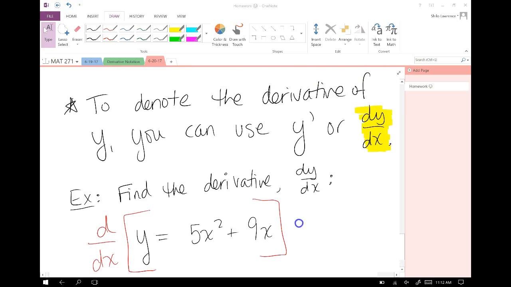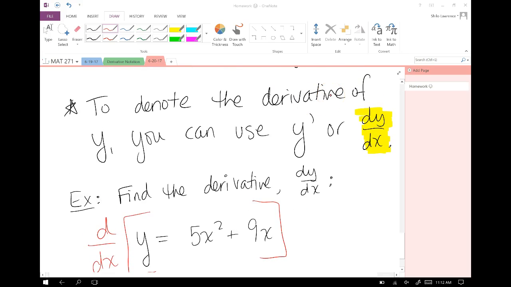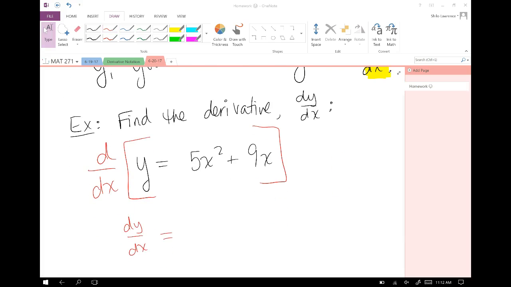So when you take the derivative of y, you either write y prime or dy dx. Right here, when I took the derivative of the y, I wrote dy dx. And then when you take the derivative of the x's, you apply your derivative rules that we've been learning.